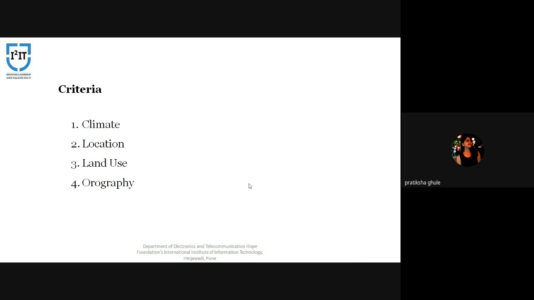Here we have considered four criteria in this research. We are trying to find the most suitable location for a solar farm in southern Morocco.